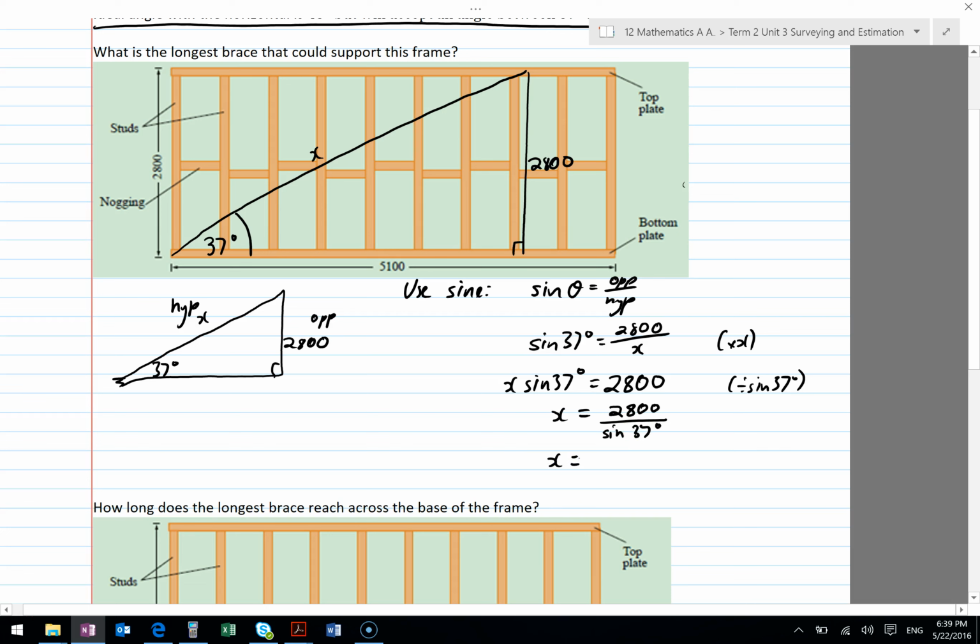So we'll get some value here. Just type it into your calculator. Make sure your angle is in degrees in setup mode.